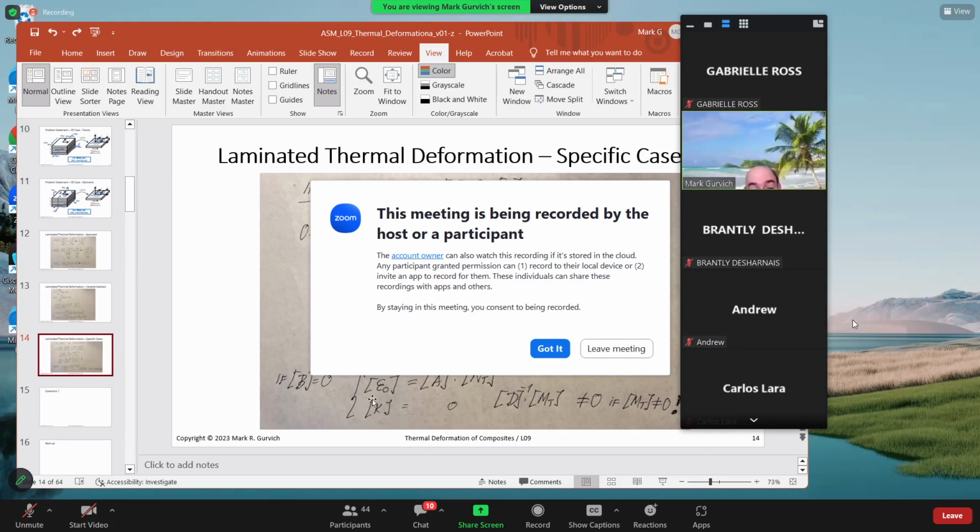Similarly, if you want to analyze how it bends, now you have this equation, because MT is non-zero. So in this situation you would have bending of the system, assuming you have an unbalanced system.